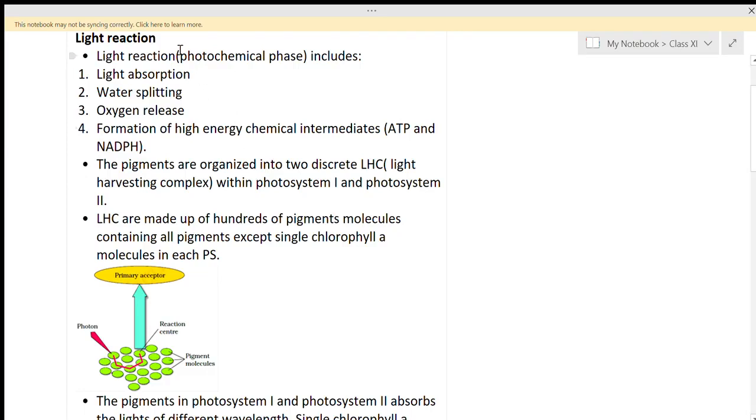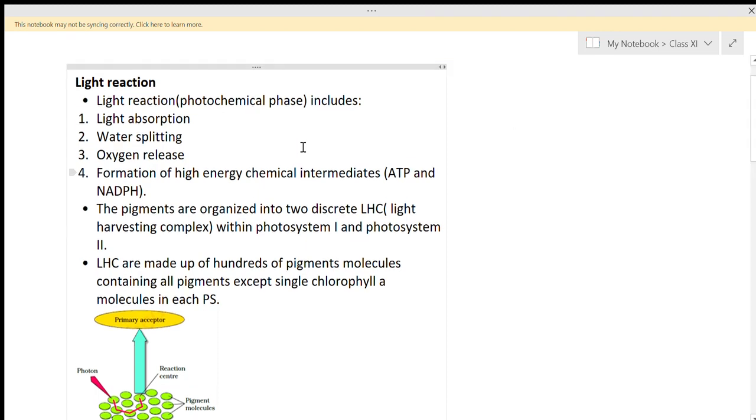So as a result, during the light reaction, ATP and NADPH are produced with the release of oxygen. Now this ATP and NADPH are used in the dark reaction. And we know that light is absorbed by the pigments.